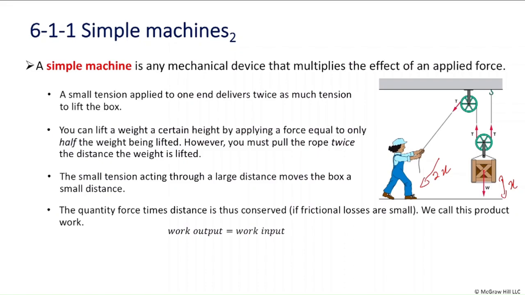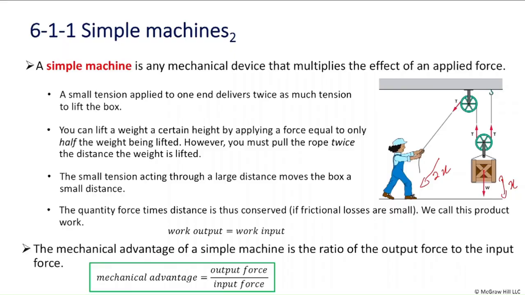There's also a term for the ratio of the output force to the input force. And this is called the mechanical advantage of a simple machine. So for this pulley system, can you guess the mechanical advantage? It's 2. So this shows us clearly how simple machines make work easier without violating the physics principle of energy conservation.